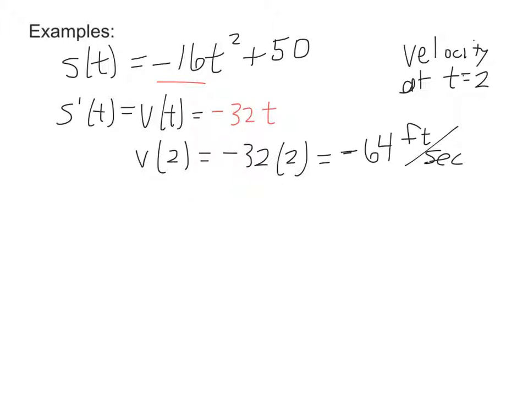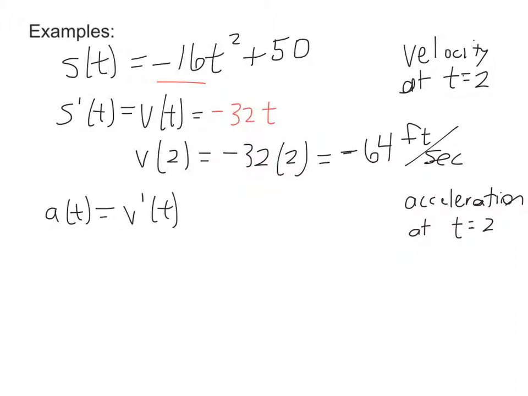And if I want to know the acceleration at that same time, well, the acceleration with respect to time is the derivative of velocity. Well, I already had the velocity as negative 32t.